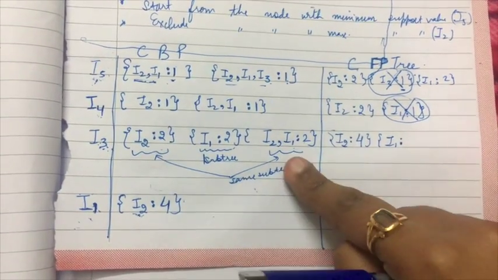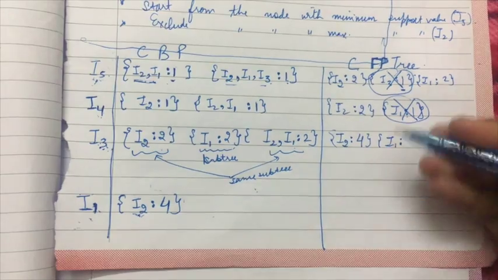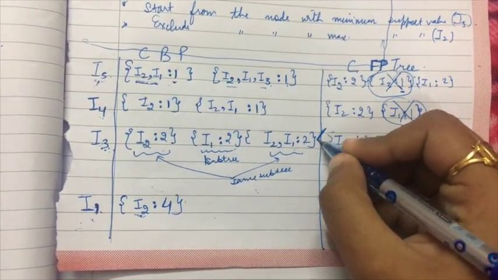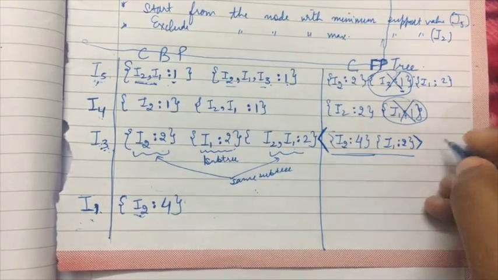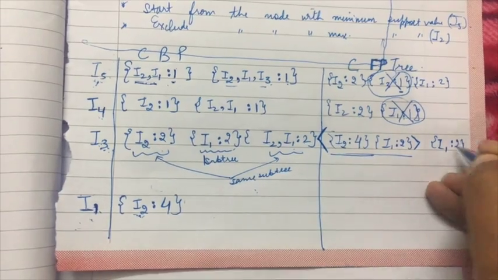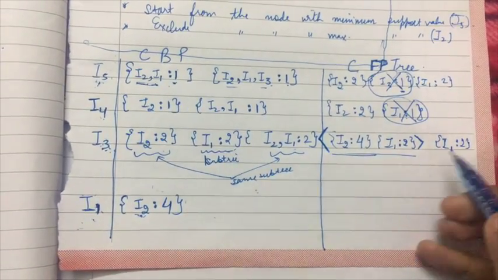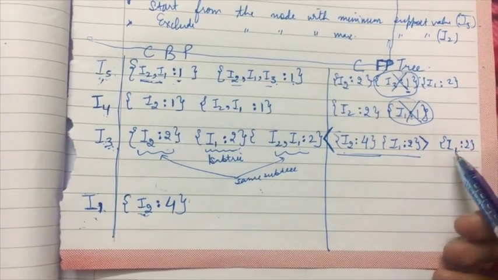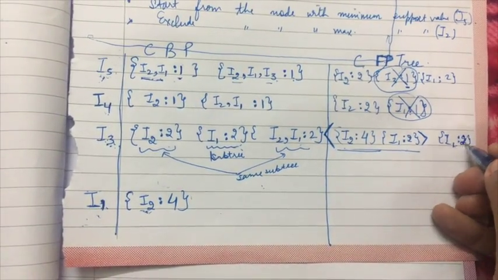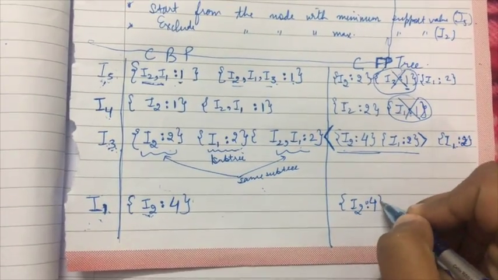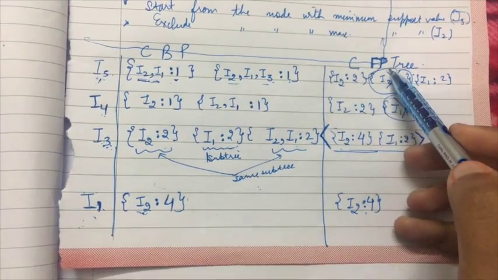In this single subtree, I1 is coming only 2 times, and the angular brackets denote that this is a part of one subtree, so I write I1 equal to 2. This one belongs to another subtree. So the items of one subtree are taken like this and the other subtree separately. Here nothing is discarded again, and here I2 will be taken as it is. That is how we are making the conditional FP tree.